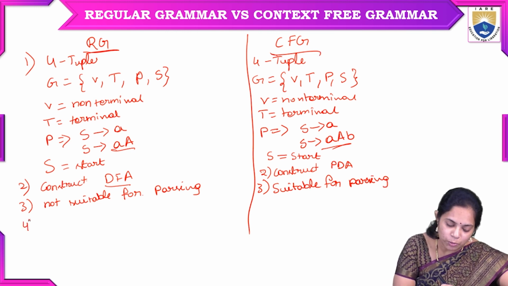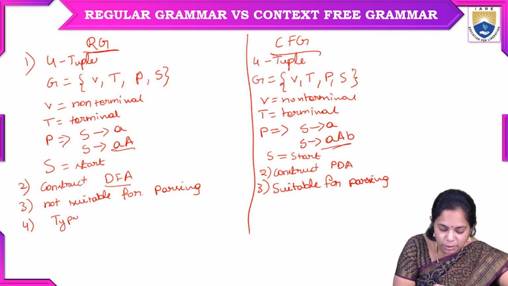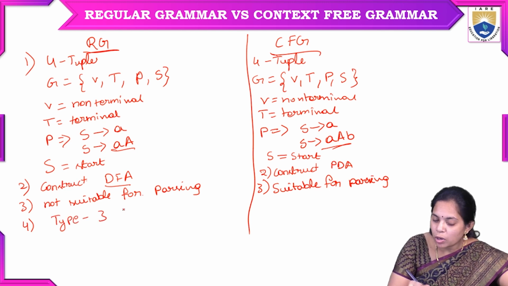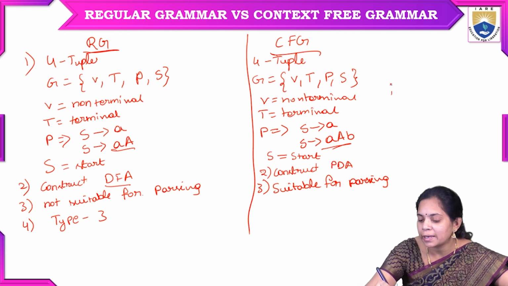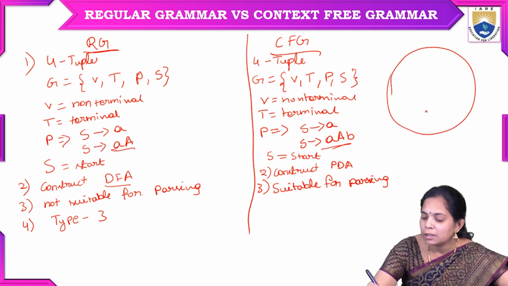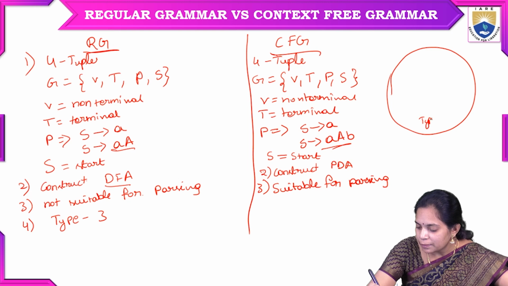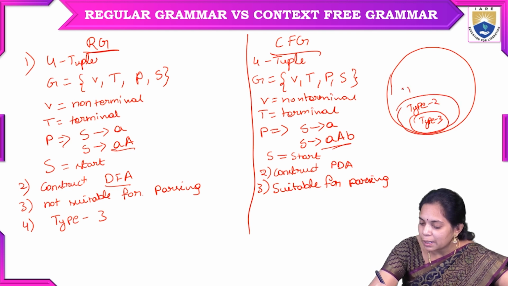And what is one more difference? The regular grammar is a type 3 grammar. In the Chomsky hierarchy, we have type 3, type 2, type 1 and type 0.